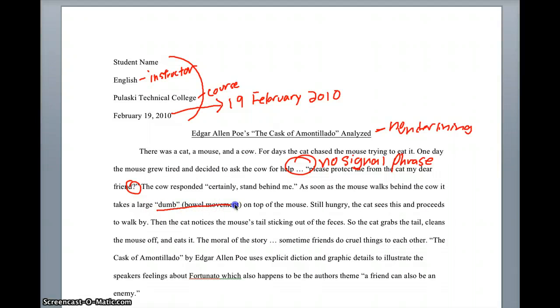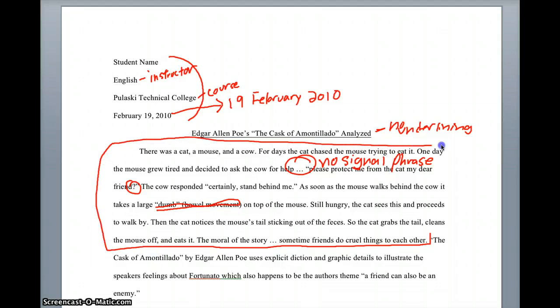Okay, don't understand this piece right here. Okay, all of this is some convoluted, drawn out piece that is supposed to illustrate Edgar Allan Poe's explicit diction and graphic details, which, according to this author, Poe uses to illustrate the speaker's feelings.